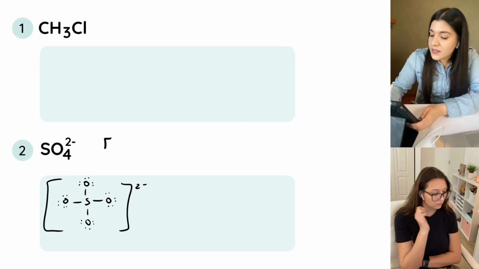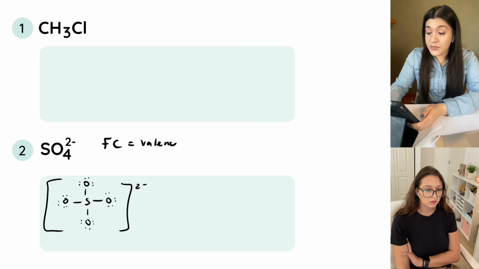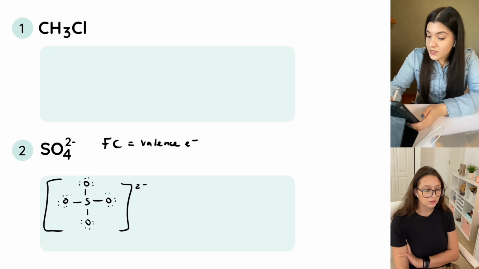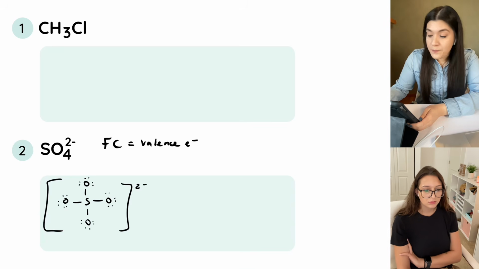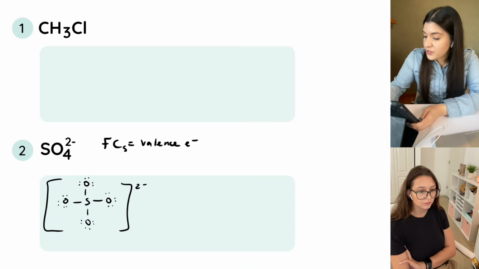This is going to be the valence electrons of that specific atom. So I'm going to say this is Fc, formal charge of sulfur. Here, I'll show you the formula again.